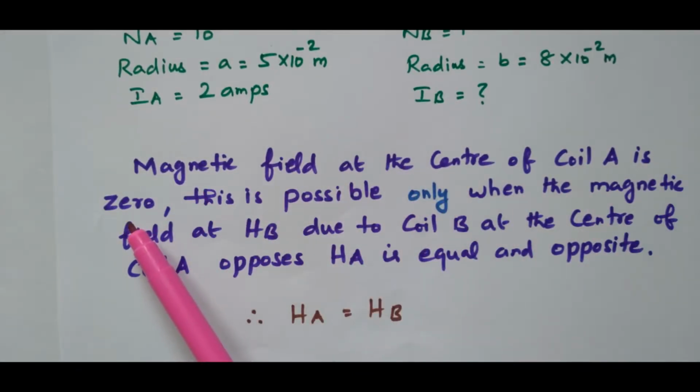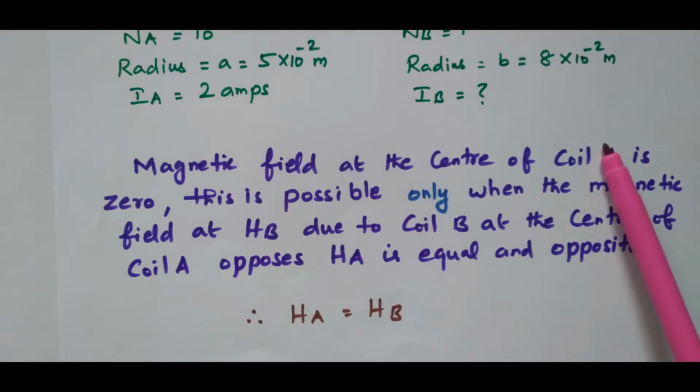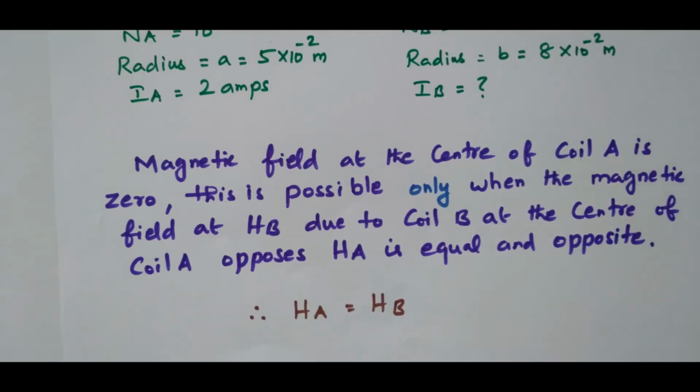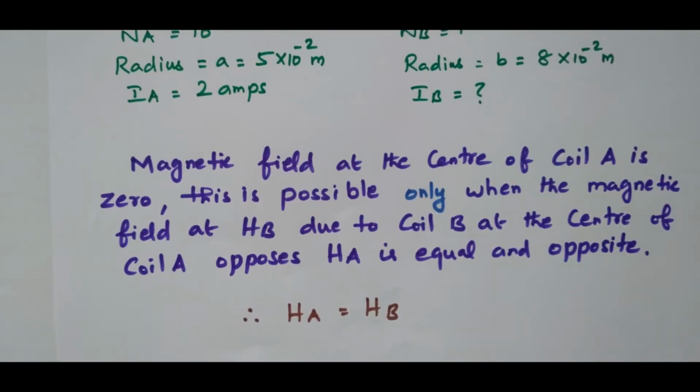So from the given condition, we can conclude that the magnetic field at the center of the coil is 0. This is possible only when the magnetic field intensity HB due to coil B at the center is equal and opposite to HA.